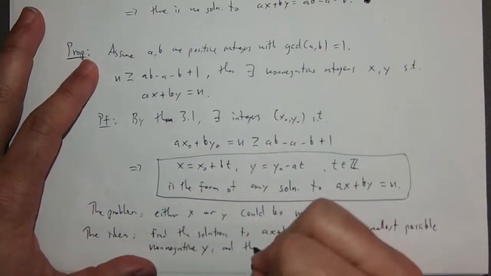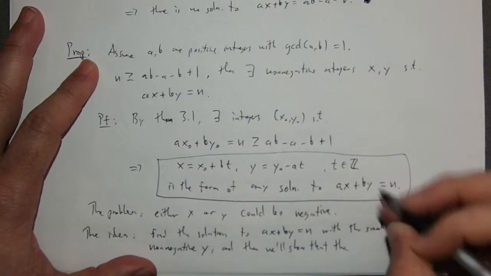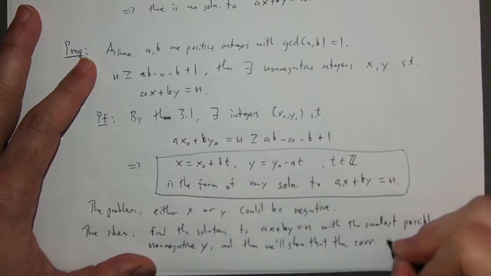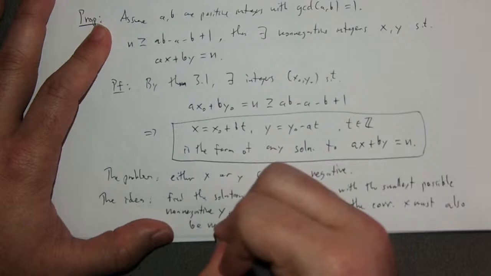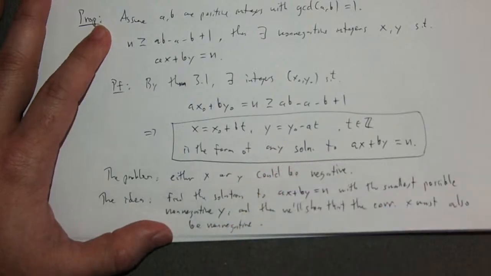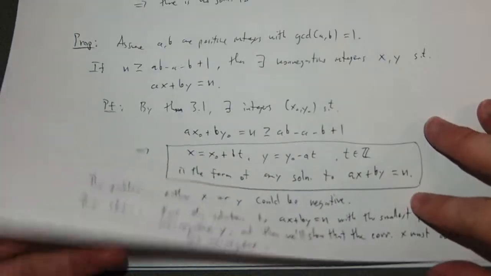And then we'll show that the corresponding x must also be non-negative. That is the idea. All right. So what is the reasoning here? So the reasoning behind this is that y smaller means x is bigger, right? And so this is kind of the best way to do it.